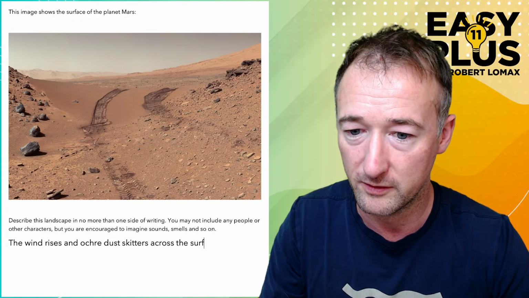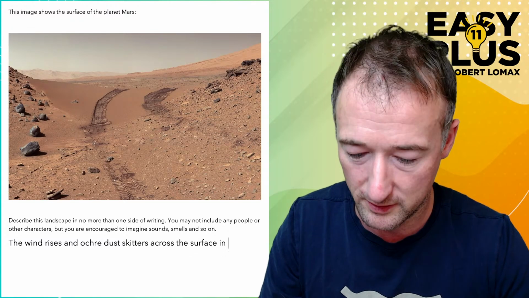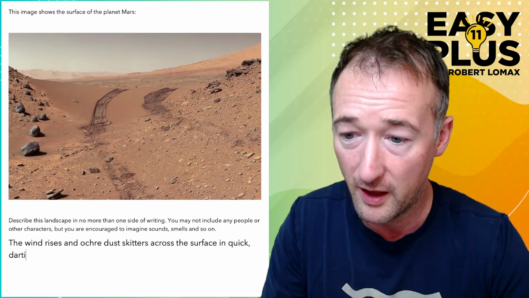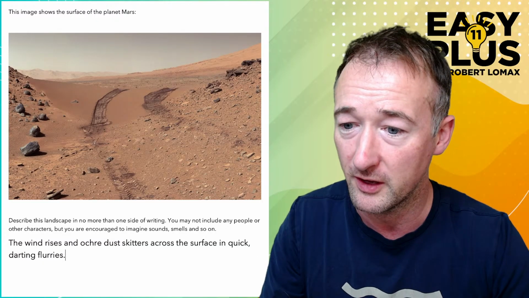We're going to call it sand. Let's call it dust. And we describe the colour as ochre. Ochre dust skitters across the surface in quick, darting flurries.